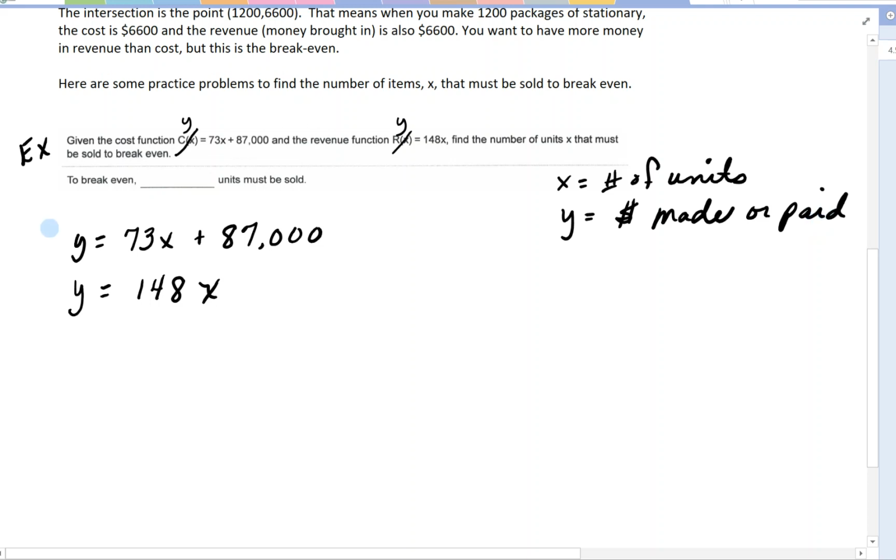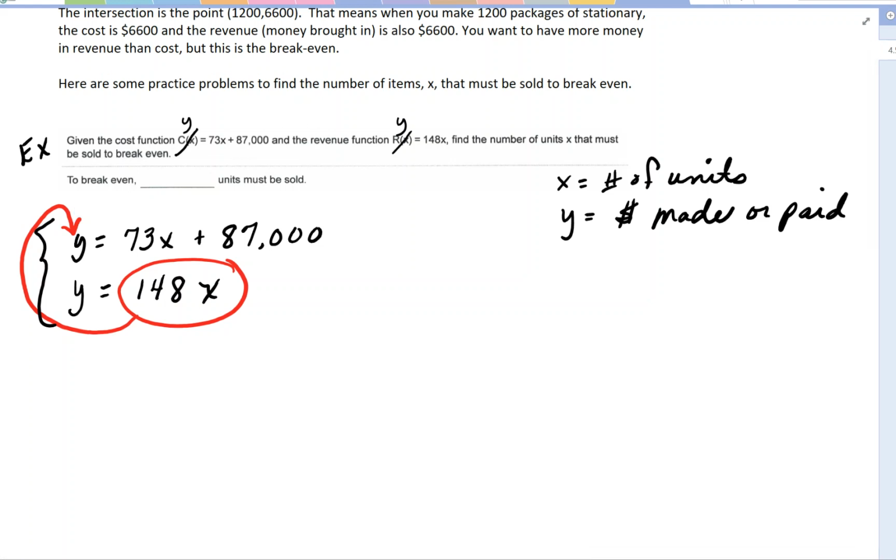All right, all of that aside, I have a system. What technique am I going to use? Well, graphing's very good, but it is the most tedious. To me, when you do cost and revenue functions, substitution is virtually always the easiest way. I'm going to circle this, it's equal to y, and I'm going to take it and put it in the place of y.